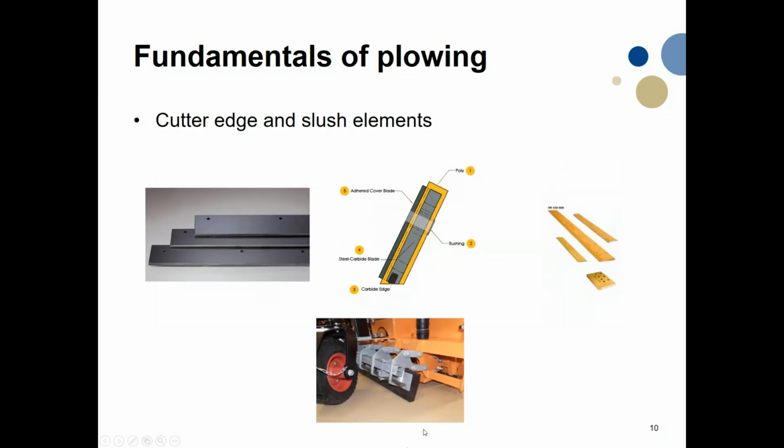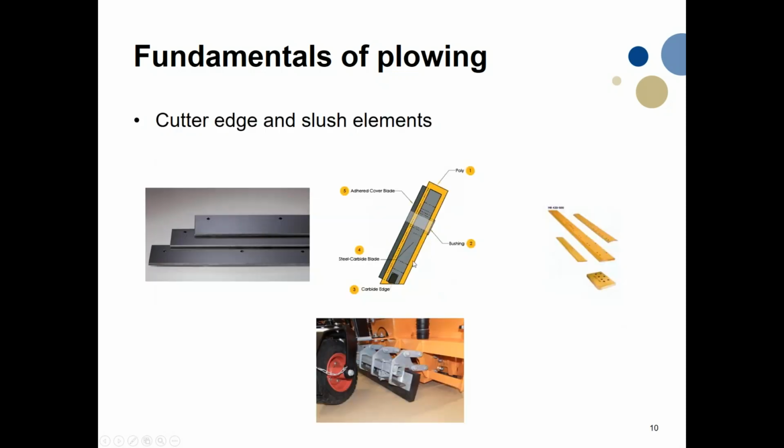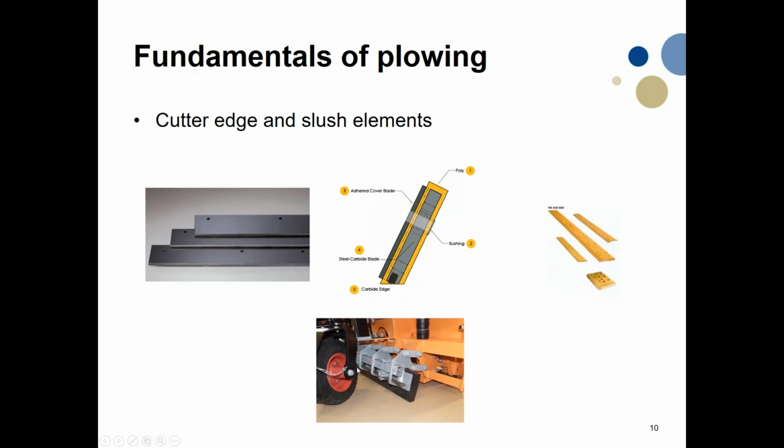The function of this is that slush is difficult to remove with the plow, it's very, very heavy. So sometimes there will be some slush getting under the plow or not getting caught by the plow, and that is then removed by this scraping blade of rubber.